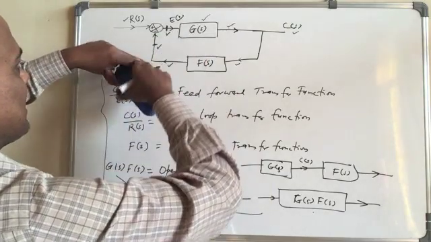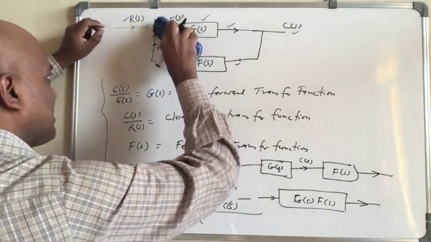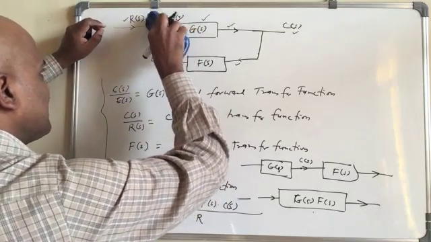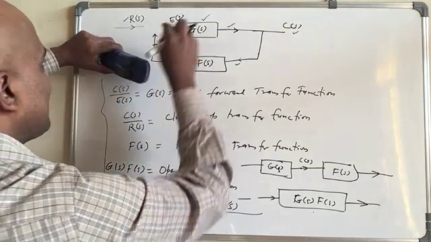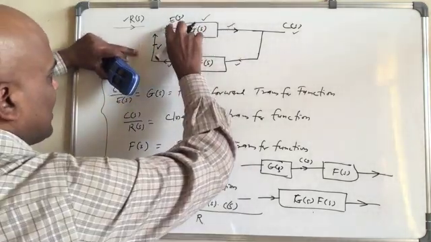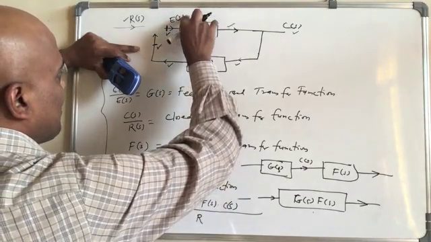In this case, basically, we are assuming this is not there. That's why we call it the open loop. Okay, open loop means these things are not there. So we are talking from here to here only. Okay, so whatever the value, the output is here divided by this one.